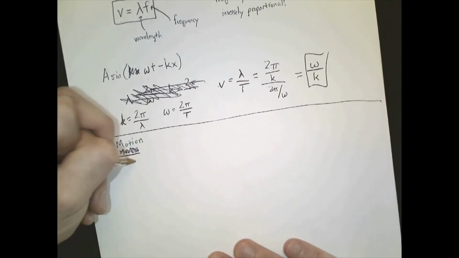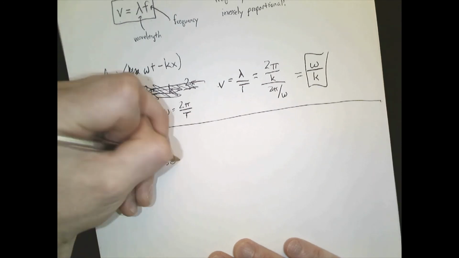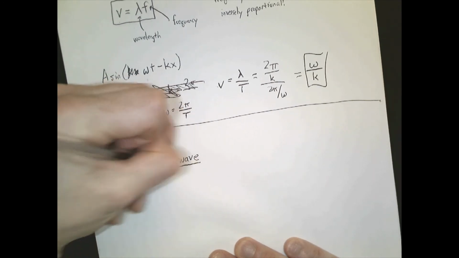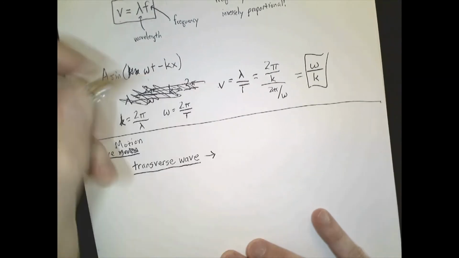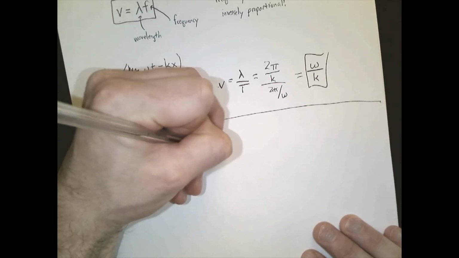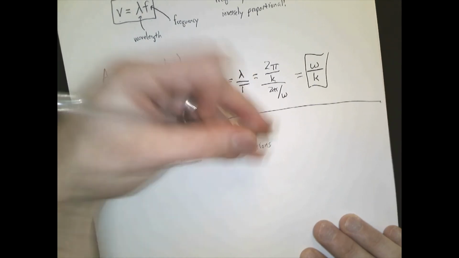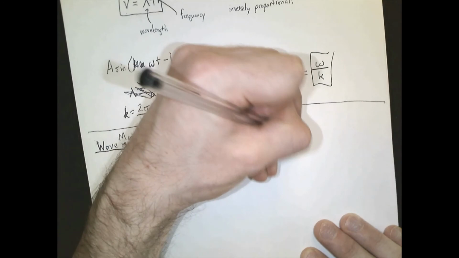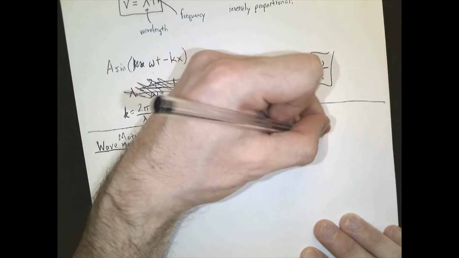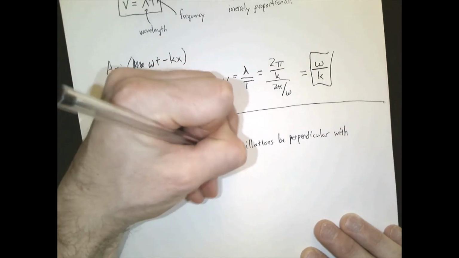The first one is a transverse wave. A transverse wave moves by having the oscillations be perpendicular with the velocity.